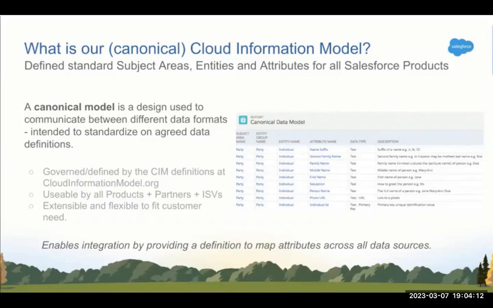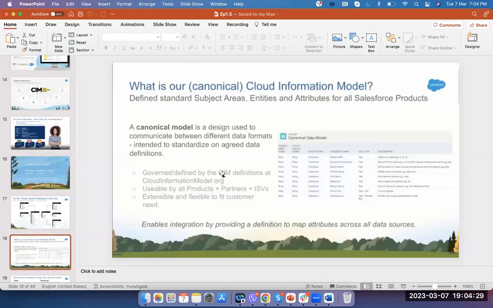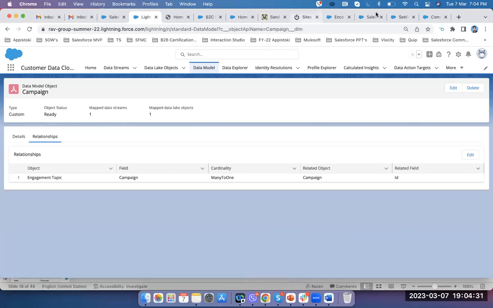The same model is designed inside your Data Cloud. And when it comes to your data lake, the data lake architecture is designed in two ways. Let me explain the data lake in a better way.